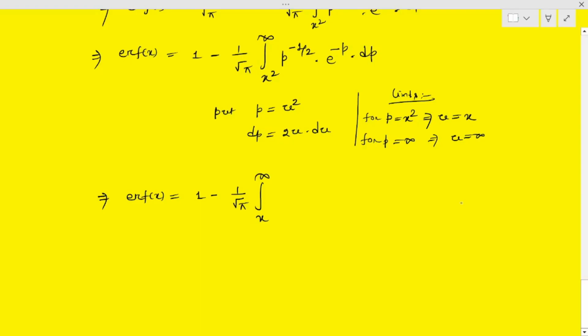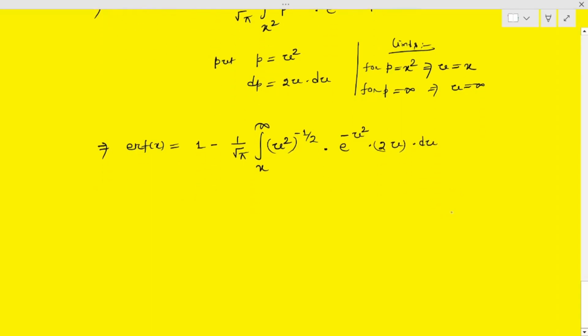So here instead of p we have to substitute u square to the power minus 1 by 2, into e to the power minus u square, since p is u square, and dp is how much? 2u du, right?